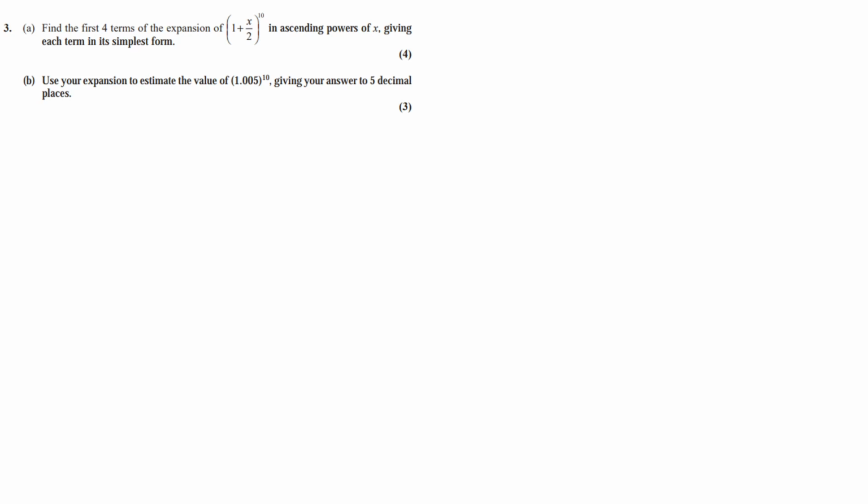Okay, so we know that 1 plus x over 2 to the 10 is just going to be 1 to the 10 plus, and then let's just get it over and done with, 10 choose 1 plus 10 choose 2 plus 10 choose 3. And that's the first 4 terms.